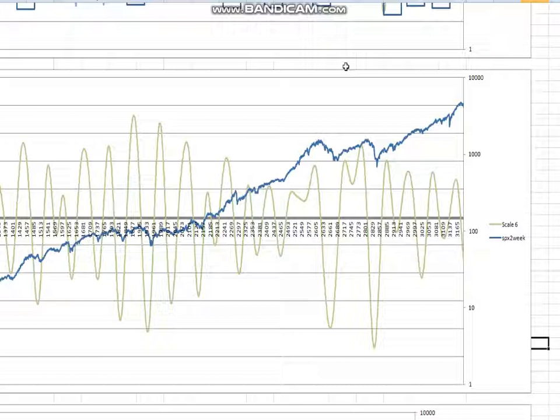So that, I think, improved my calculation of the length of the 40-week cycle.